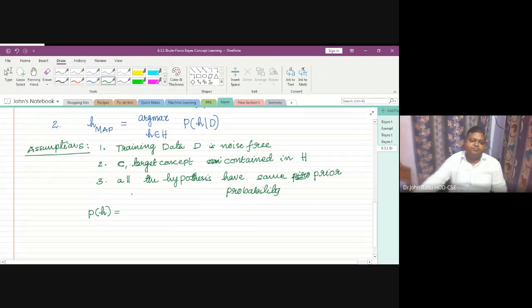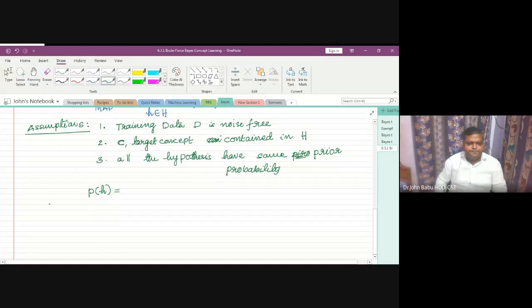Now let us take a simple example. There are two hypotheses: H1, the coin will return heads, and H2, the coin will return tails. What is the probability of H1? 0.5.